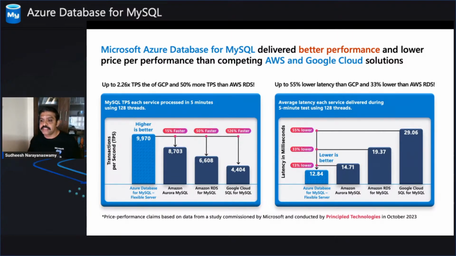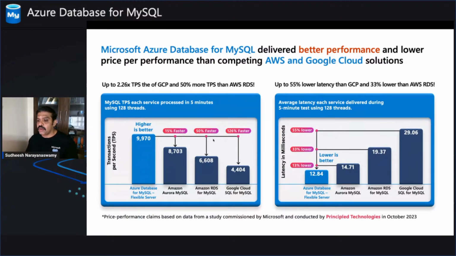Now, we also did a study in collaboration with Principled Technologies in the month of October with this feature, accelerated logs. And we are very happy to share with you that the comparison has been done with our competitors, and we could stand out on the performance side. If you look at these graphs here, it very clearly shows that with respect to Aurora MySQL, we are 15% faster.